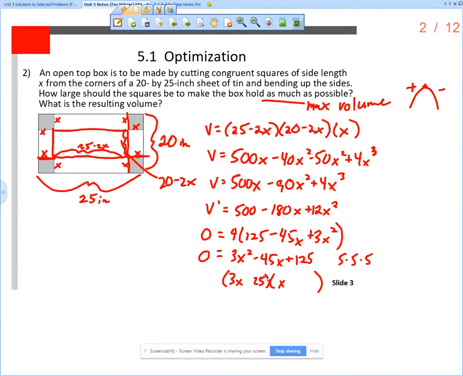If I put a 25 here and I put a 5 here, and they're both minus, 25 times x would be minus 25x, and then 3 times 5 is minus 15x, right? So does that work? Well, no. But if I went the other way, that would not work either. You agree? And so then it looks like we would have to complete the square or something, right?